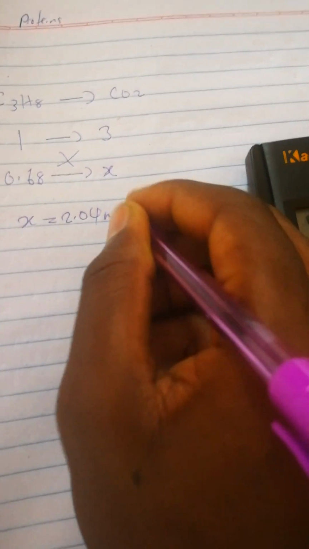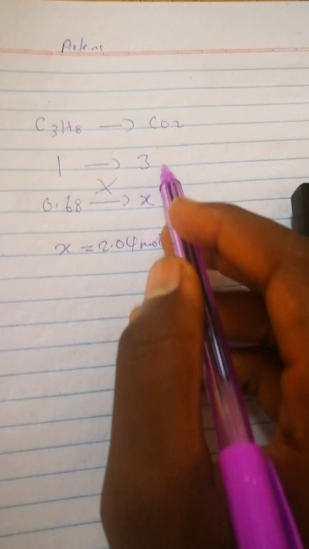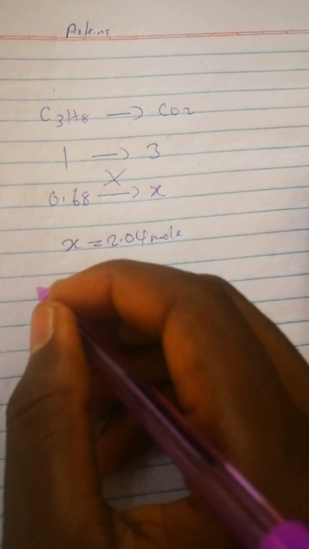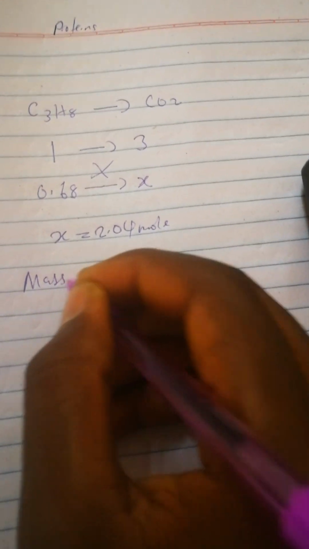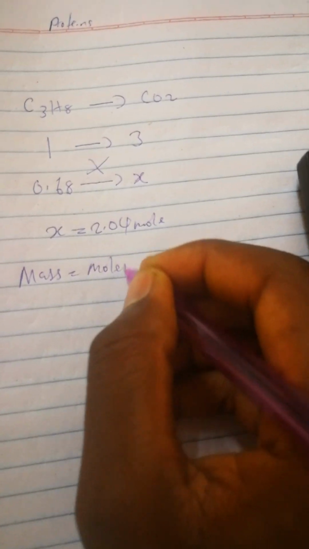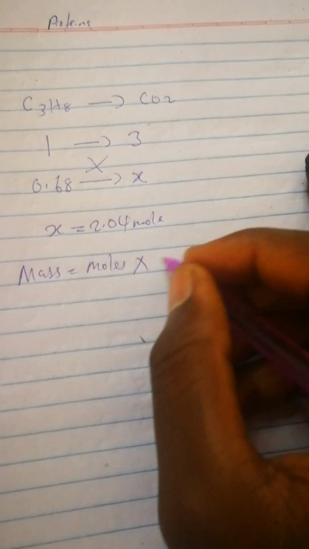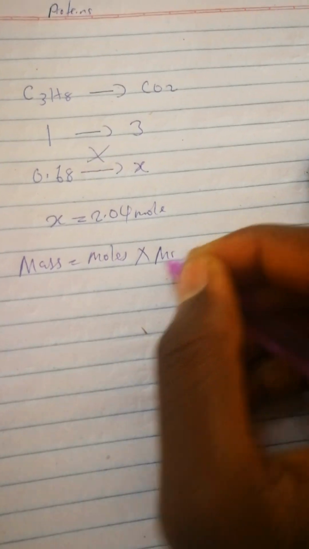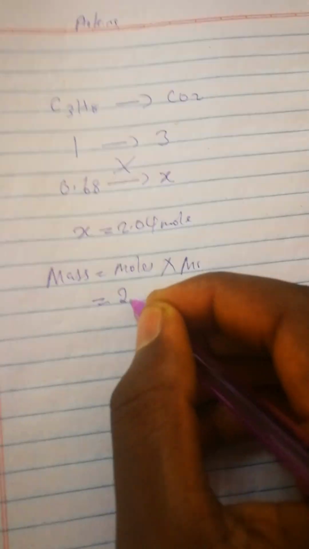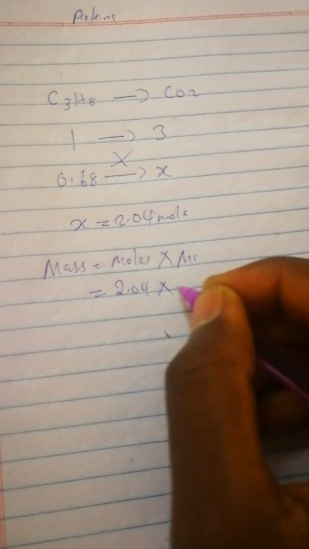That is the moles for CO2. Then we find the mass. Mass is equal to moles times Mr. The moles is 2.04 times Mr.